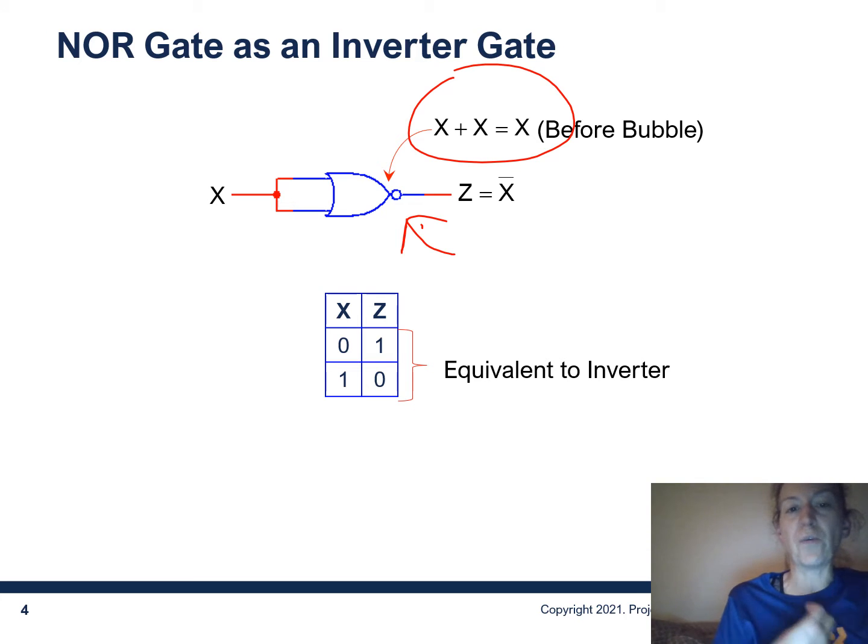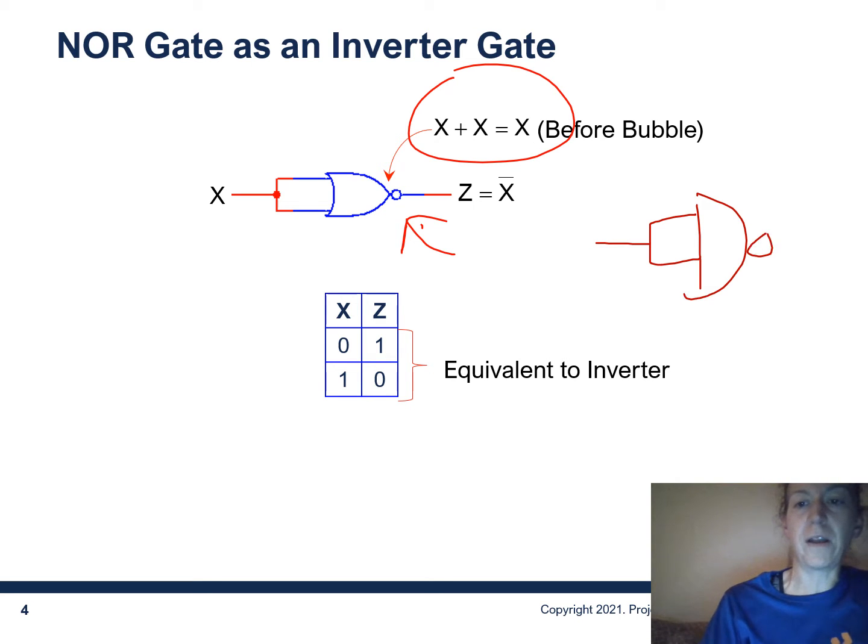So if you want to invert your signal, you just run the input into both wires. Similar to the NAND gate, you just split the input, and that will work as your inverter. So you save yourself a chip. You don't have to have a circuit with one inverter on it.